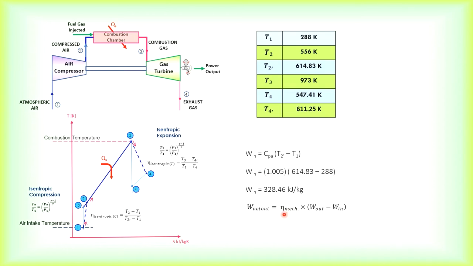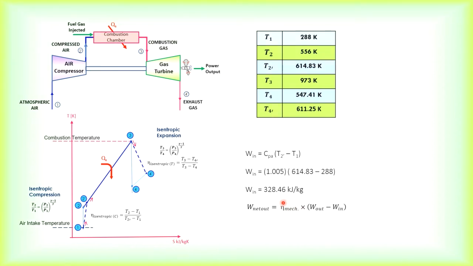If there is a loss due to friction, let's say 2%, then your mechanical efficiency will be 98%. If the power transmission loss is 4%, then your mechanical efficiency will be 96%. So you take your net work multiplied by 0.96 or 0.98 or whatever.